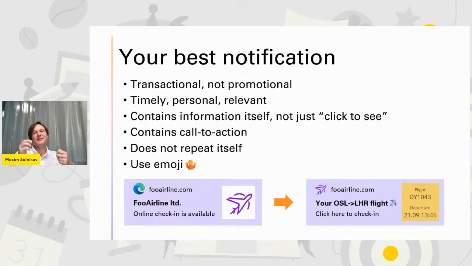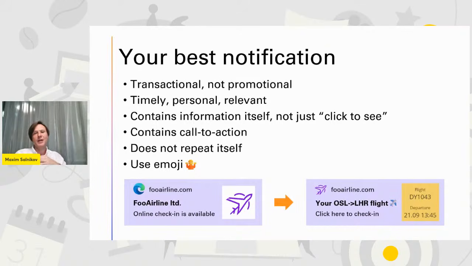We can improve something here. For example, in the title, we don't actually need to post the name of our company there, because you can easily understand it from the host name that is always a component of the notification, right? This is how users exactly understand which website is sending this notification. So why repeat? Don't repeat yourself.